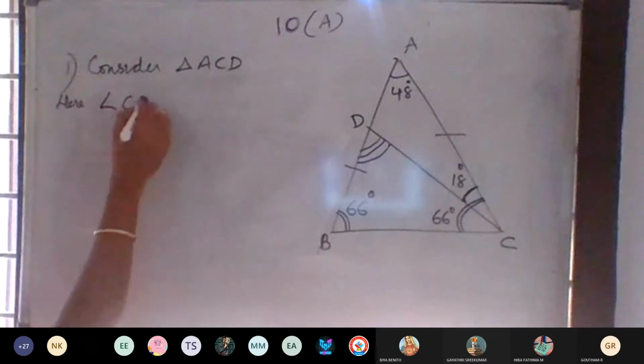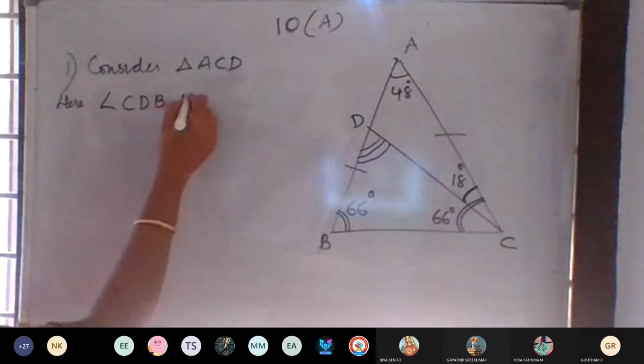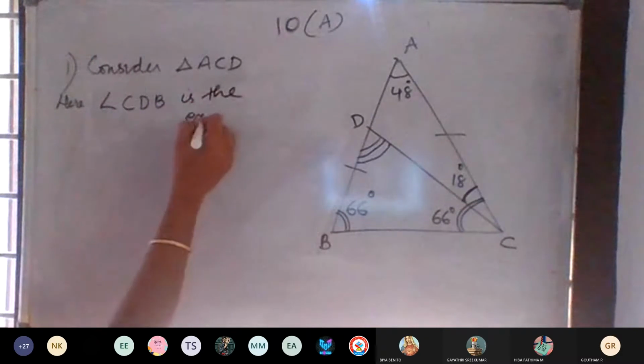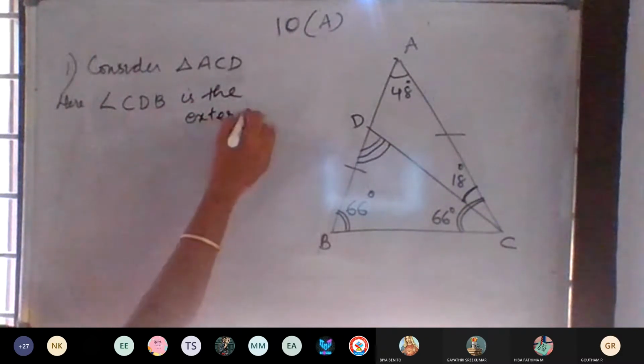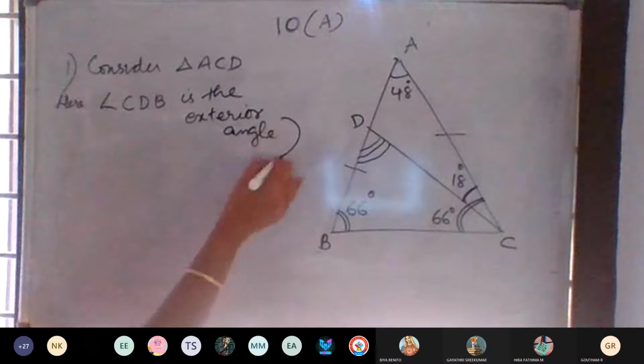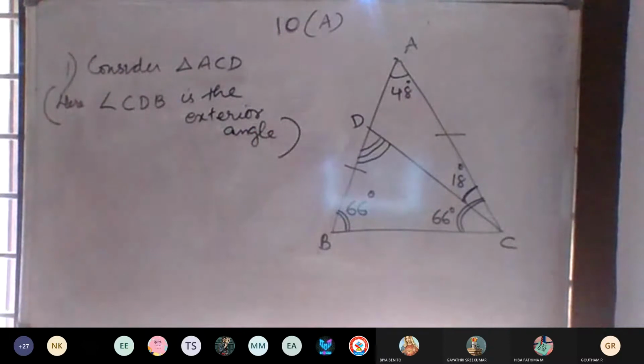Here angle CDB is the exterior angle. For your knowledge only I wrote it this way. Angle CDB is here an exterior angle.